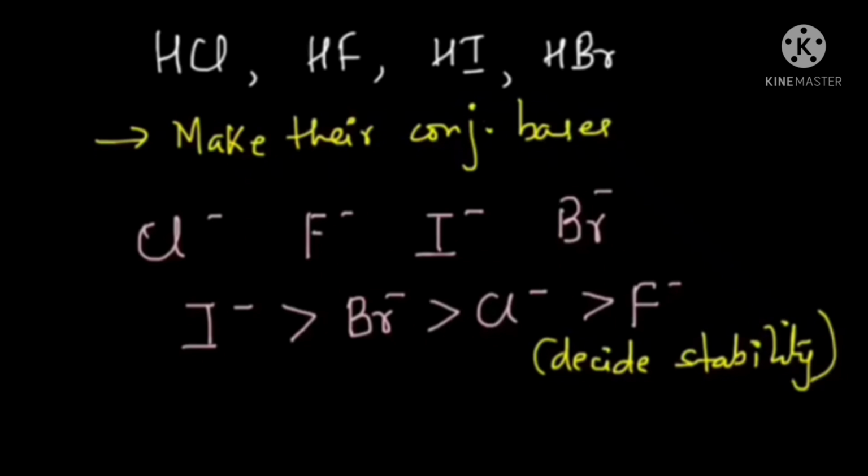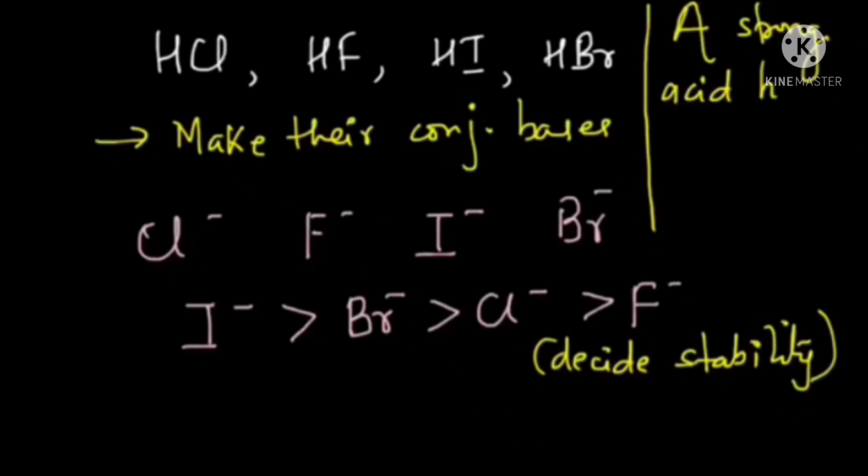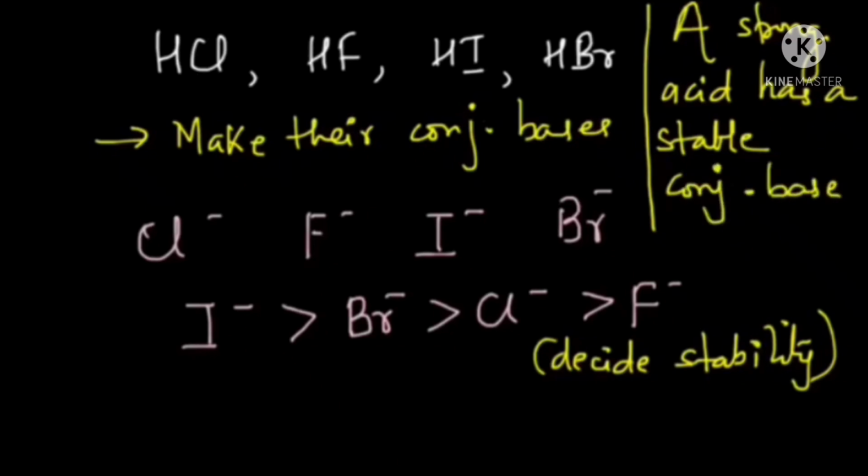And so it will become more reactive. That is, a strong acid has a stable conjugate base. So if the conjugate base is stable, then the acid will try to form more of that.